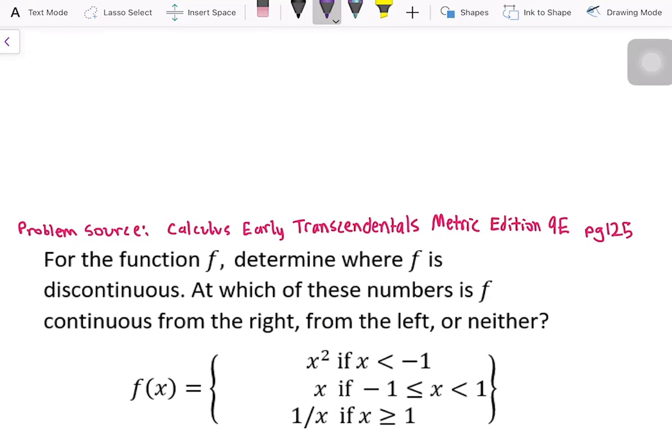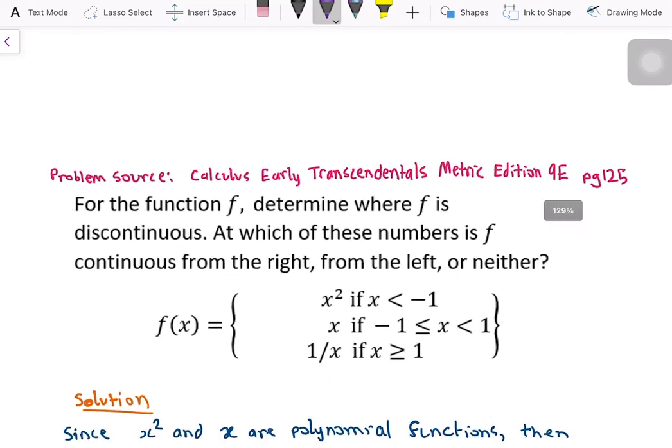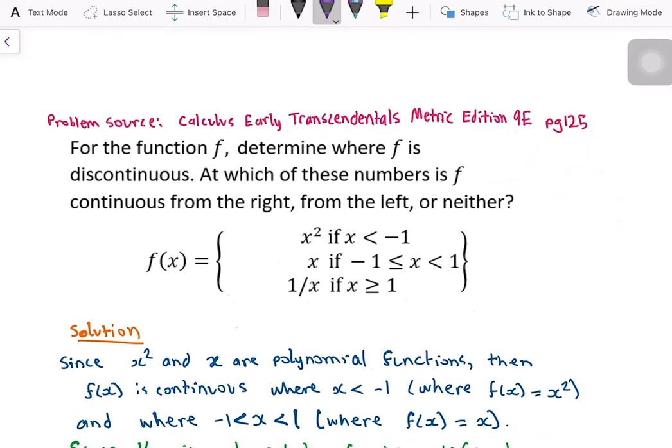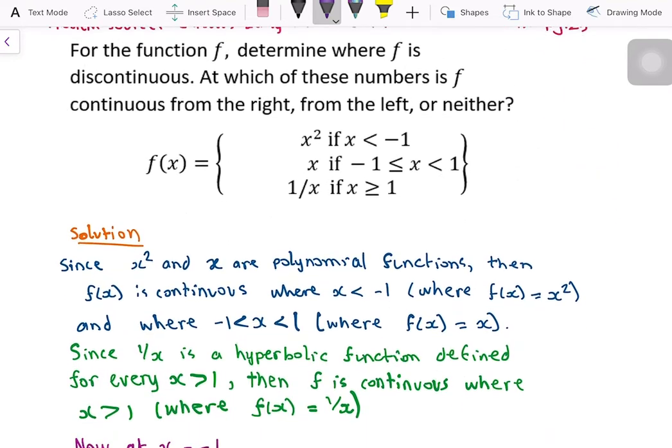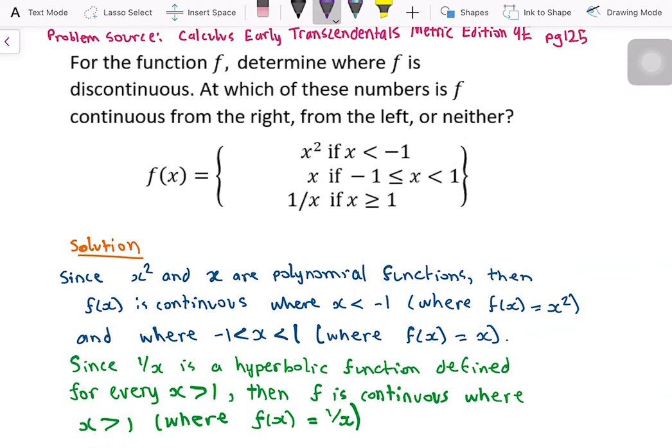Okay, so let's have a look at the solution. Firstly, since x squared and x are both polynomial functions, f of x will be continuous where x is less than -1, where f of x is equal to x squared, and it's also continuous where x is strictly between -1 and 1, because that's where f of x is equal to x.